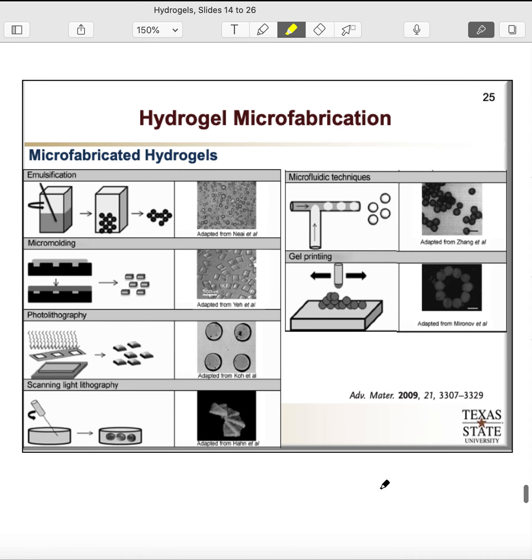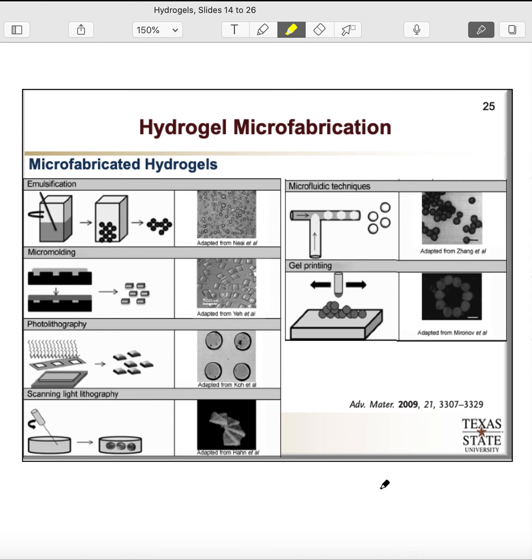Now, one of the things that I want to touch on in this particular video is hydrogel microfabrication. So there's a number of different ways for us to get specific geometries out of these hydrogels at the microscale. One of the ways is to do emulsification, where basically you would take the monomers perhaps and put them into a non-solvent.